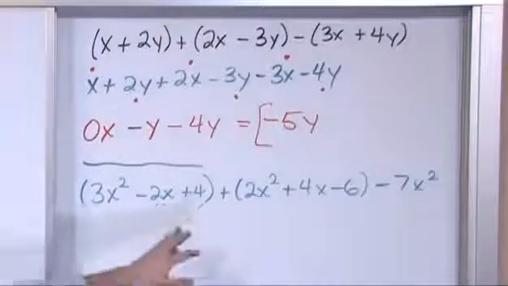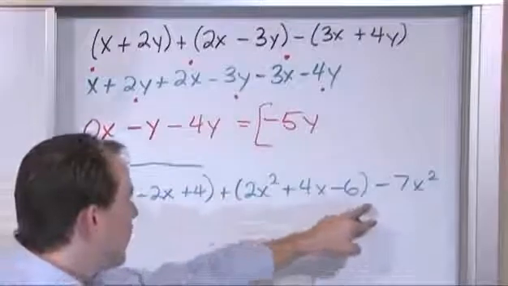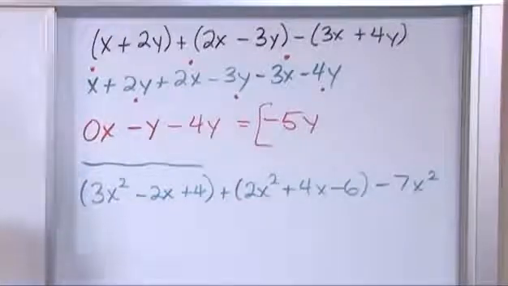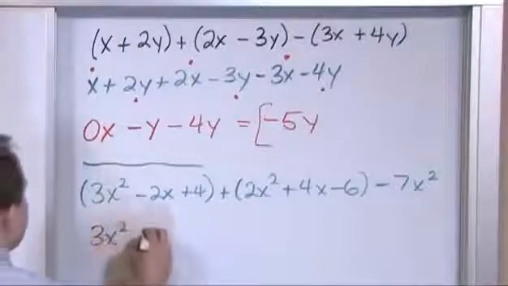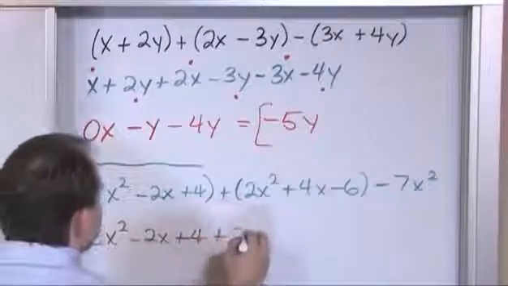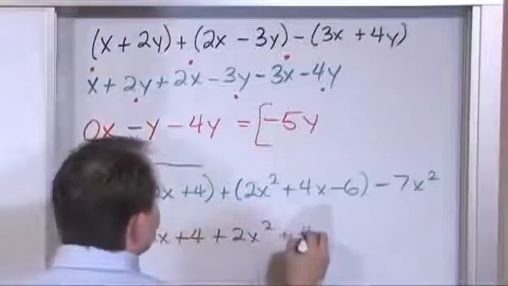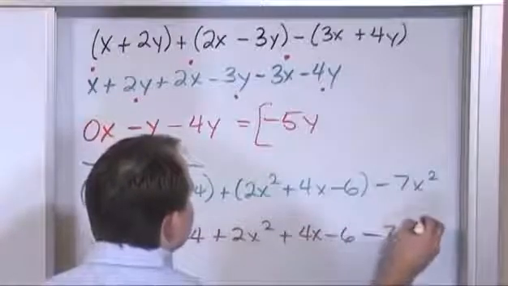These parentheses are here, but this is a positive out there, so I could distribute that 1 in, but it's not going to really change any signs. So let's rewrite it all: 3x squared minus 2x plus 4 plus 2x squared plus 4x minus 6 minus 7x squared.